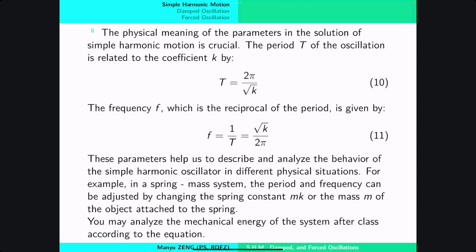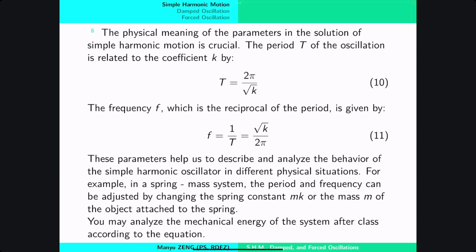And about the mechanical energy of the system, you can analyze this after class according to the equation. So the mechanical energy must be conserved, right? Because we don't introduce non-conservative forces like friction or tension of the string that transfer the mechanical energy into other forms of energy.